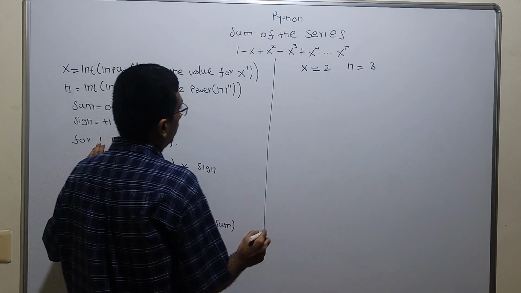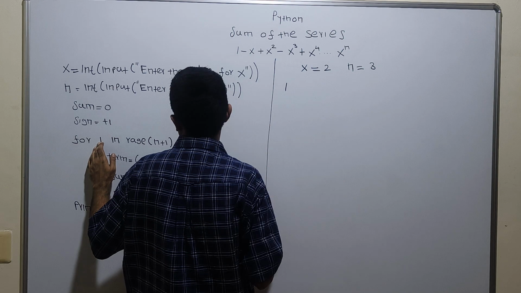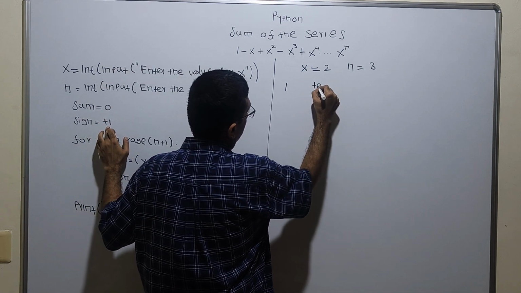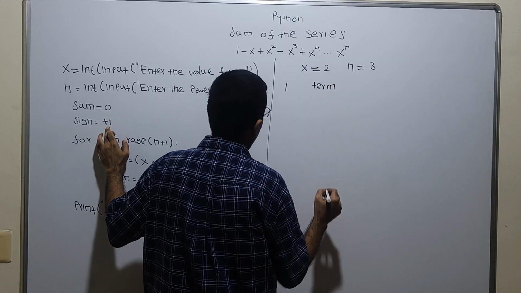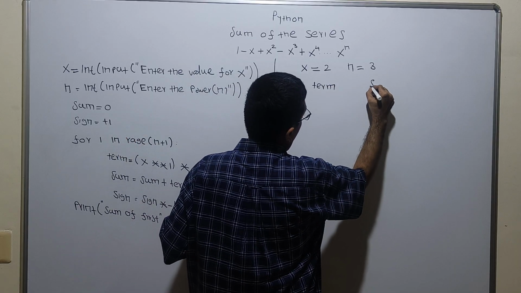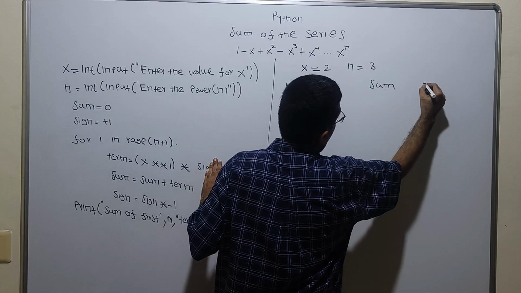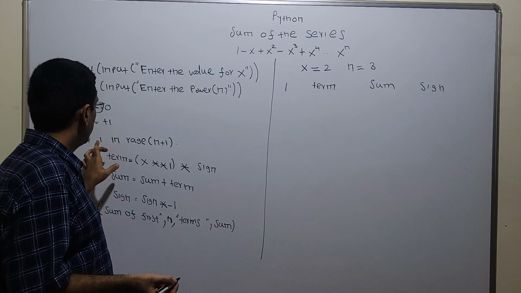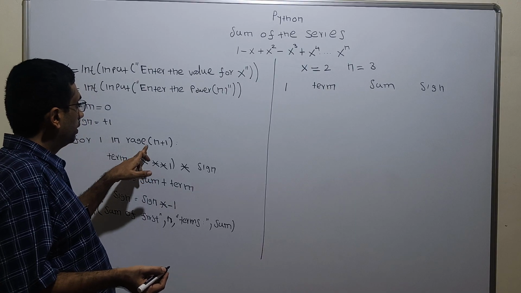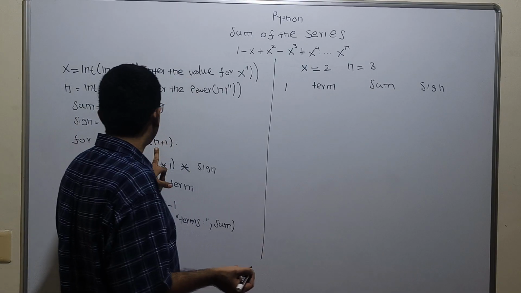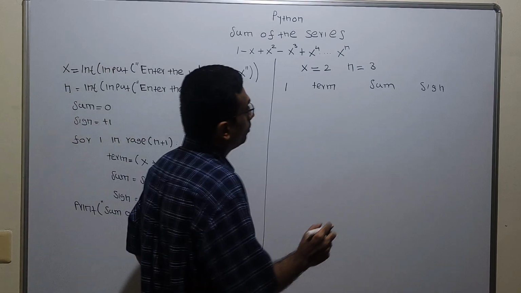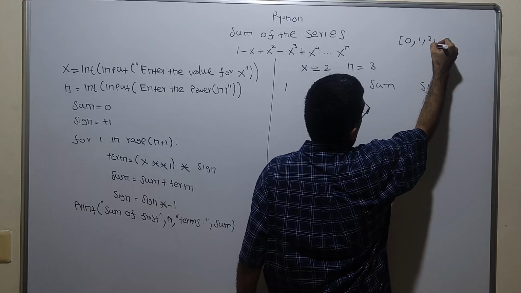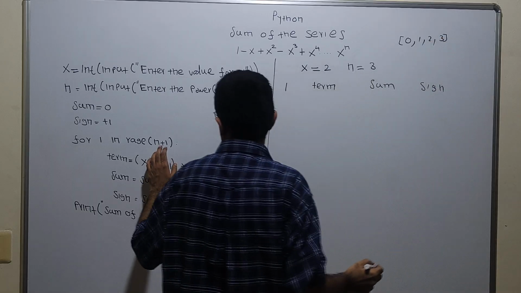I'm having the variables i, term, sum and sign. So first the loop will generate a list. N value is 3. It will generate a list from 0 to 3. A list of 0, 1, 2 and 3 is generated by this range function.